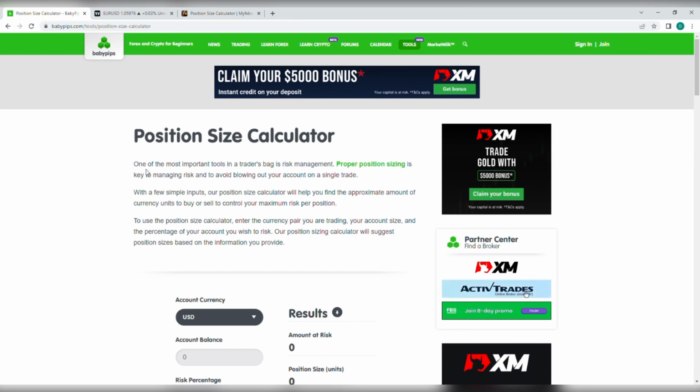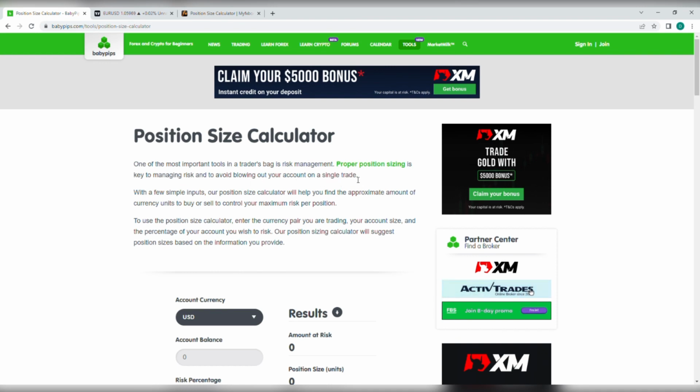It is one of the most important tools in a trader's bag. As a trader, you must have risk management as one of your arsenals. Proper position sizing is key to managing risks and avoiding blowing your account in one single trade.